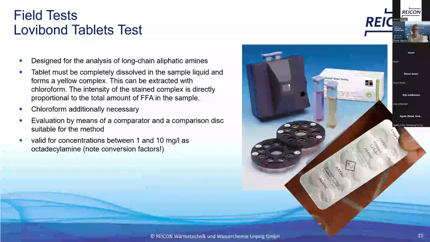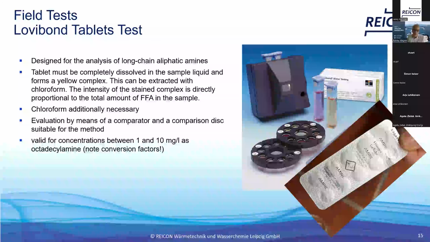This detects all long chain aliphatic amines, and the concentration is given as referred to ODA. So if you're using a different product, you need to calculate the right concentration. To do the test, additional chloroform is needed. Otherwise, you cannot get the extraction.